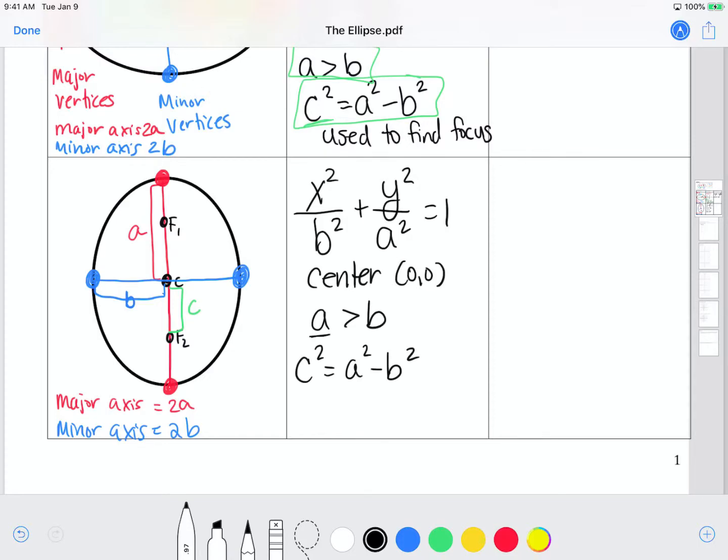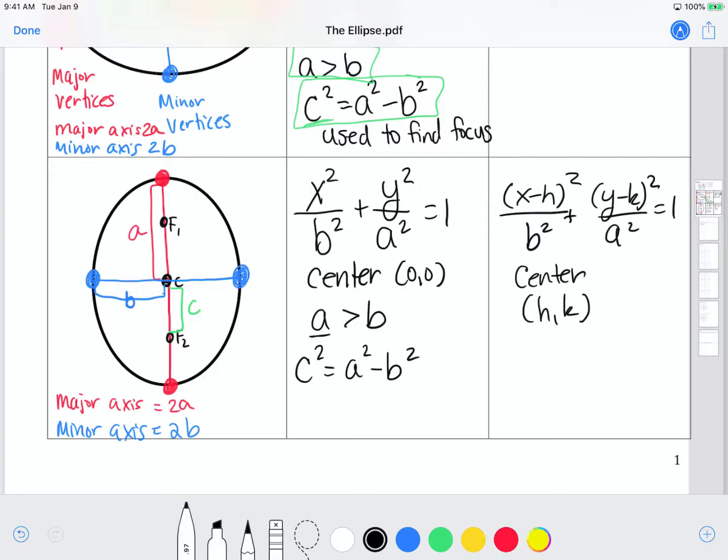If your center has been shifted, then you just use this formula, (x minus h) squared over b squared plus (y minus k) squared over a squared is equal to 1, and your center will be (h, k). Everything else still holds true. It's just that it would be running vertically now.